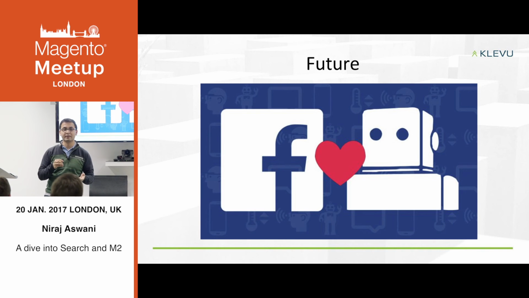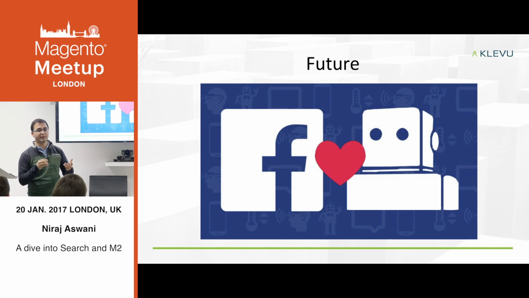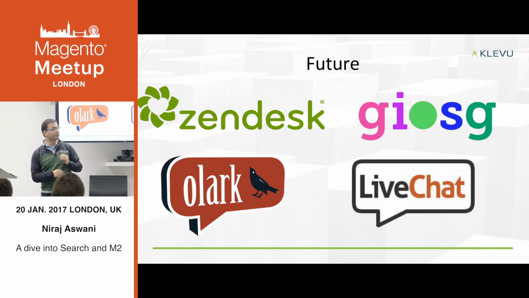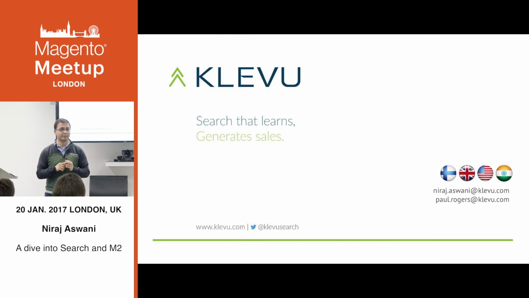So if you're maintaining a Facebook page where your customers are coming, you can actually ask Klevu to communicate with your customers, and Klevu will intelligently understand their requirements and show the right products to the customer. So that's something that's coming up. Similar to Amazon, there are other chat applications where we will be launching our conversation capabilities.